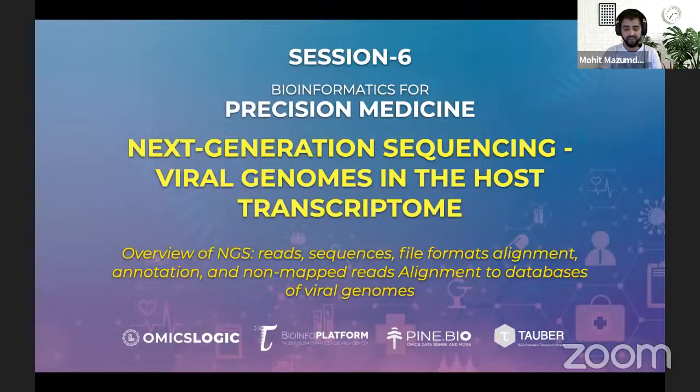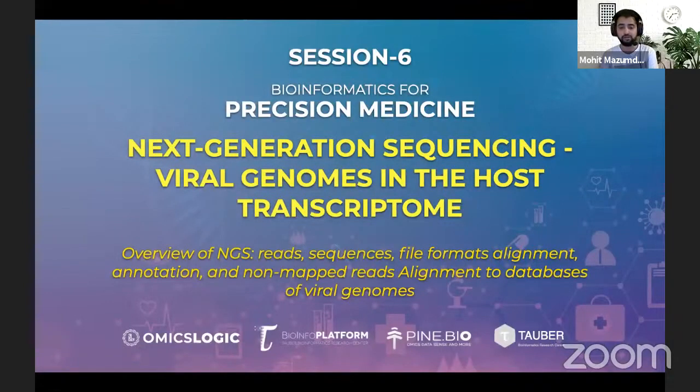So after learning about the data sets and how to find data, after the first phase, I think it would be 5 sessions, the sixth session would be about next generation sequencing, where we will learn about viral genomes in the host transcriptome. Here we will also learn about oncolytic viruses. That is one of the features of learning through the precision medicine program: learning about different aspects of transmissions from cancer and these different viruses.